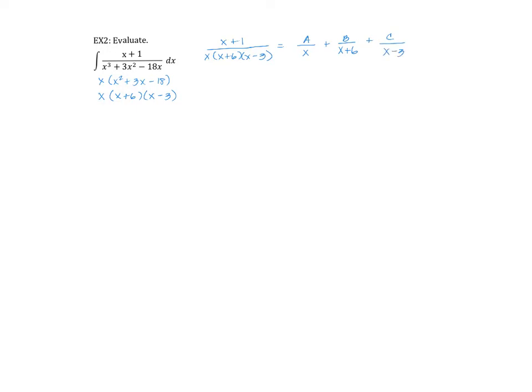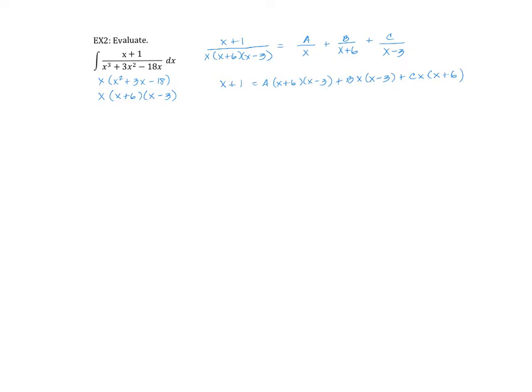Now multiplying by the LCD gives the equation x plus 1 equal to a times (x plus 6) times (x minus 3), plus b times x times (x minus 3), plus c times x times (x plus 6).